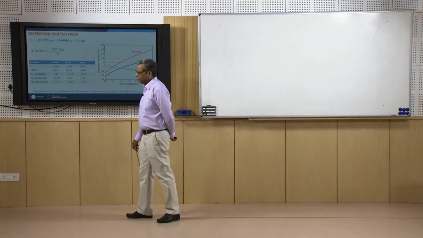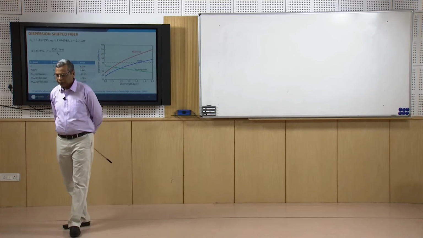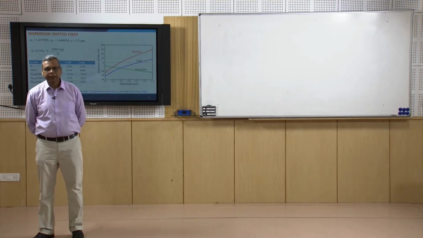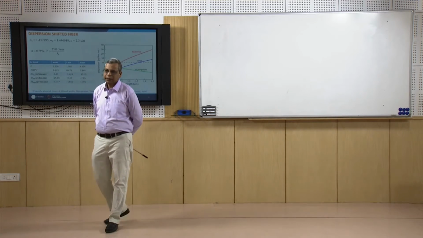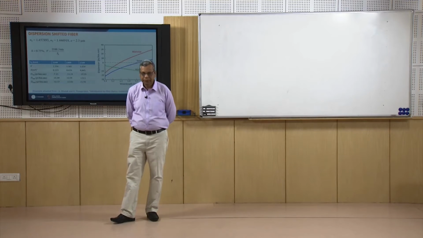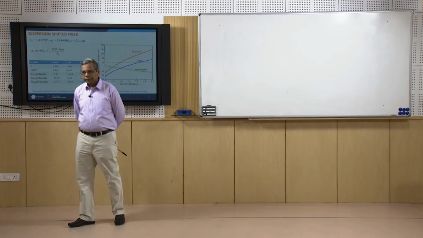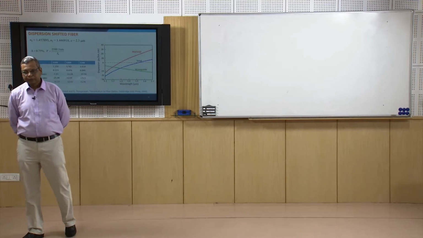We have seen that in a conventional single mode fiber, the zero dispersion wavelength is around 1300 nanometer, about 1310 nanometer. So at 1310 nanometer you have minimum dispersion, while minimum attenuation is around 1550 nanometer.